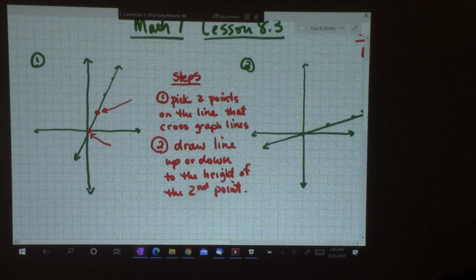All right, so what that means is I'm going to start down here at this point, right here, and I'm going to draw a line going up. In this case, I'm going up because my line goes up to the height of the second point.